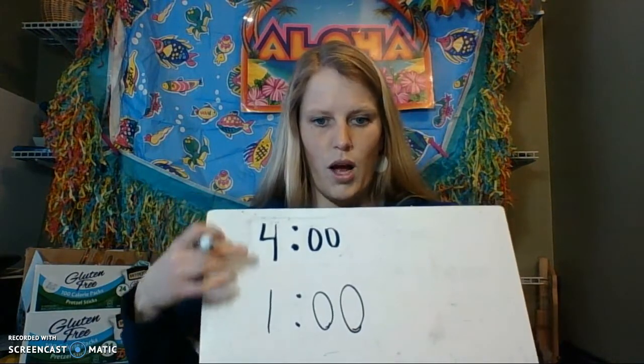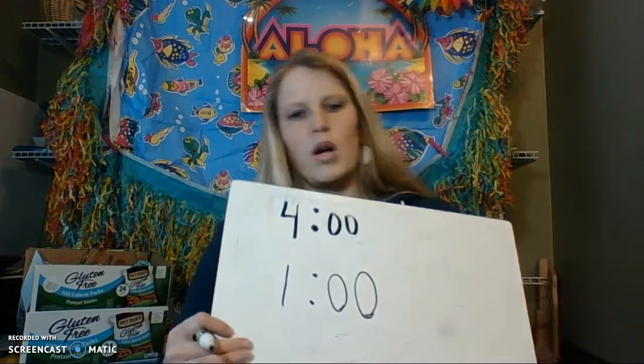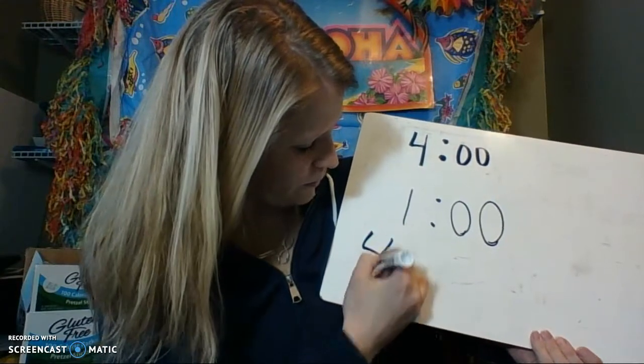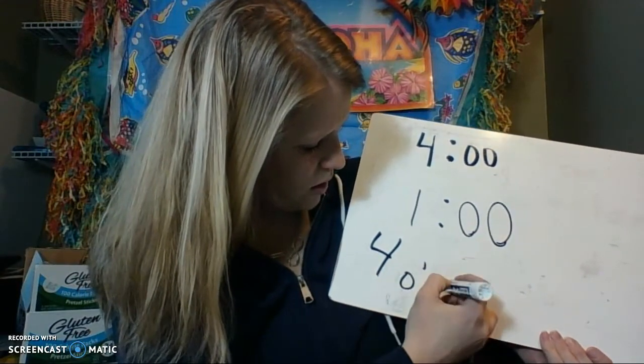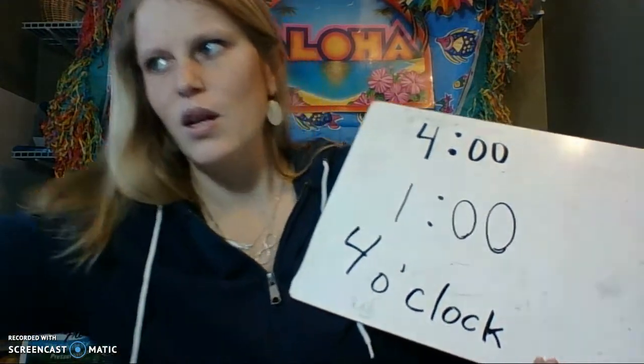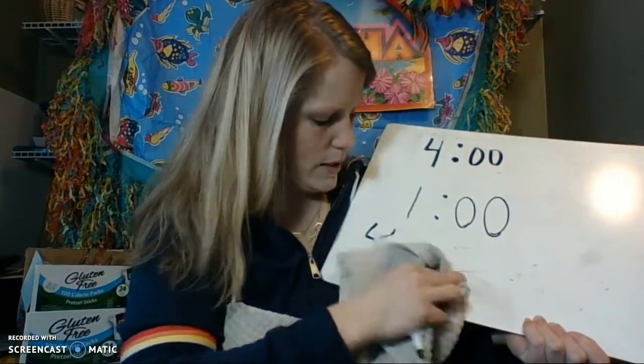So 4 o'clock, 1 o'clock. Okay? You can also write it out in words, and that might look like this: 4 o'clock. But we don't see that one very often. So we're just going to stick to the digital way to write things down.